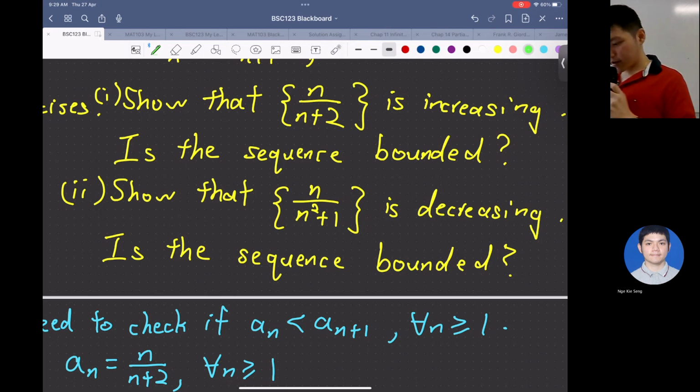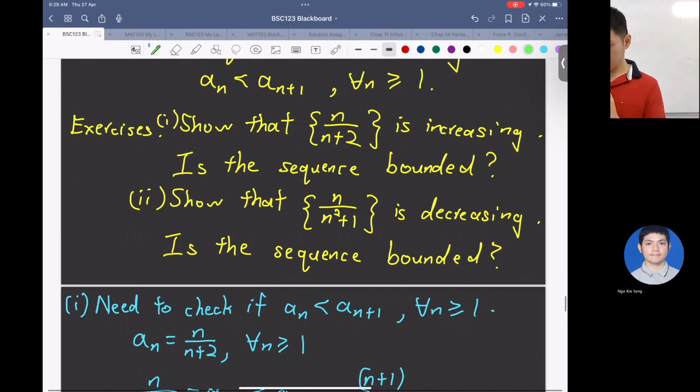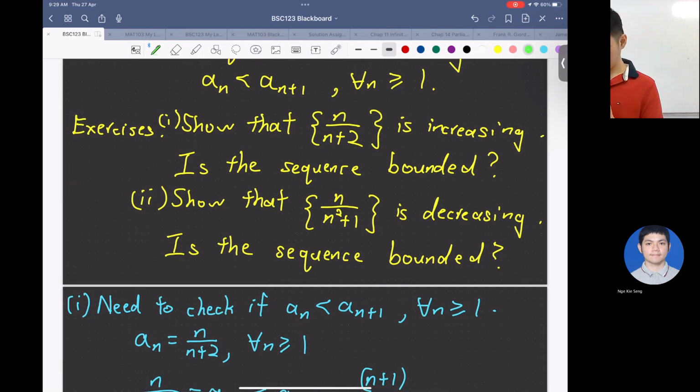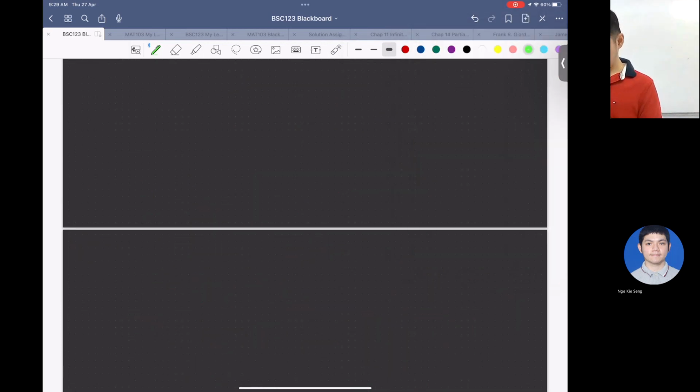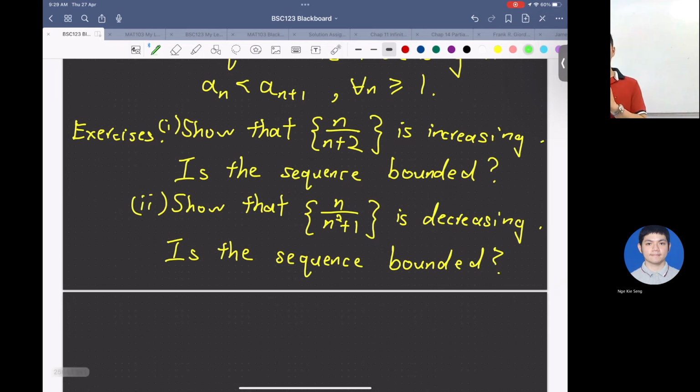Hello, testing. Okay, are you working on it or already done? No? This question says show that, right? If it says show that, you just go and look for this definition and then try to show it. Some questions will ask you to determine whether a sequence is increasing or decreasing.